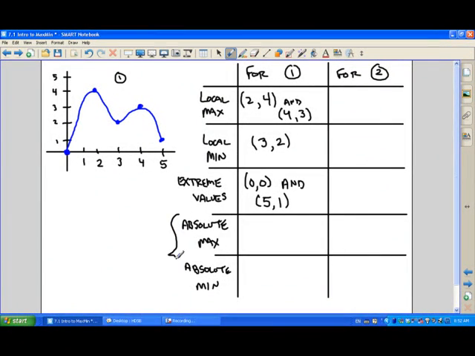So now we need to identify the absolute max and absolute min, and to do this we're going to look at both our local max and our local min points, as well as the extreme values.